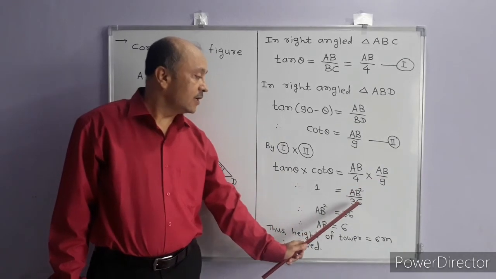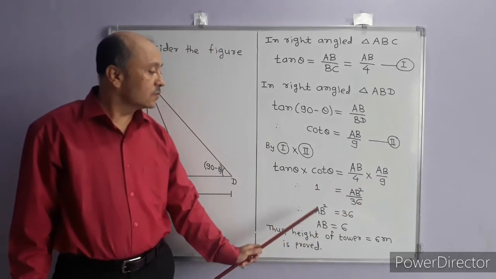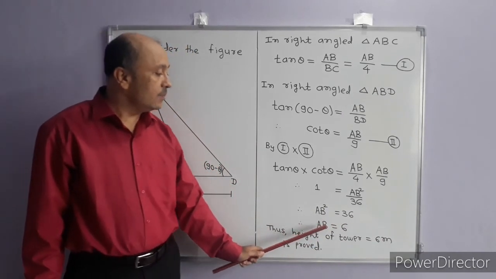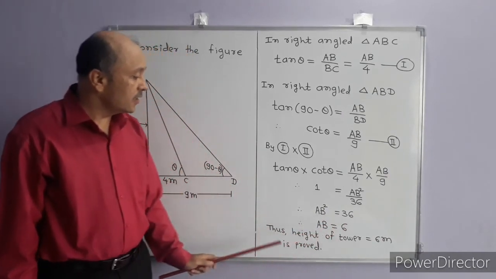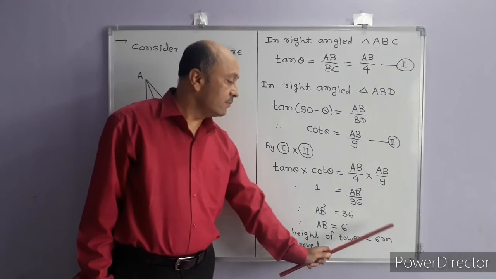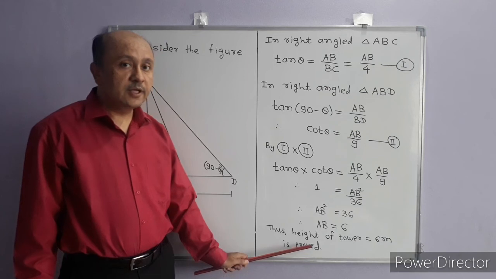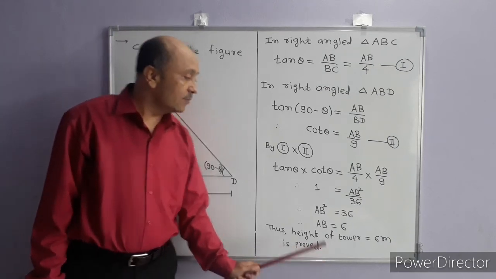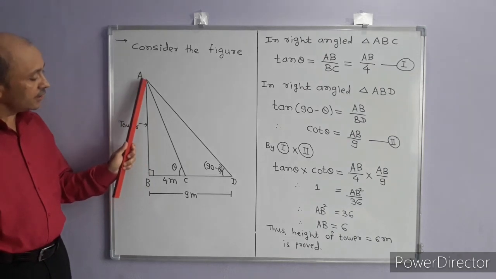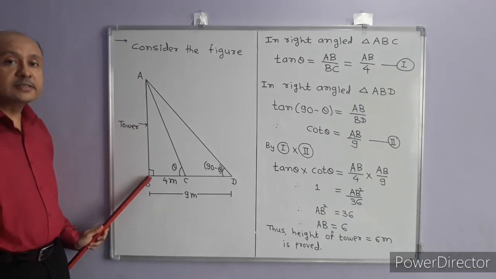So afterwards 36 will come here, so we get AB square is equal to 36. Then take the square root, AB is equal to 6, and that is our proof. Thus the height of the tower is 6 meter is proved. So the question was to prove that the height of the tower is 6 meter, and we have proved here that the height of the tower AB is 6 meter.